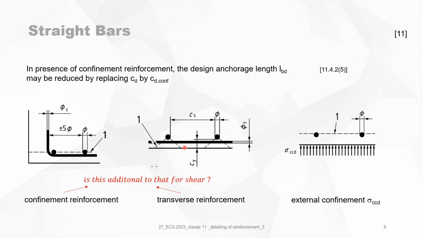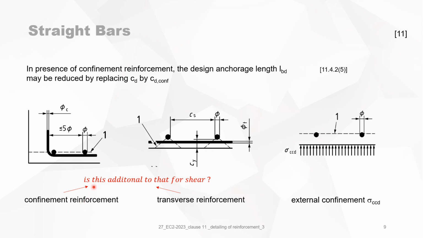Now, when you look carefully at this, when you have, for instance, a stirrup, then a stirrup has a horizontal bar and it has a vertical bar. So the vertical bar plays for confinement, the horizontal plays for transverse reinforcement. So the same bar plays two roles. The question that we can ask now is, when you have a stirrup, sometimes you need additional stirrups, for instance, for shear or for punching or something else.